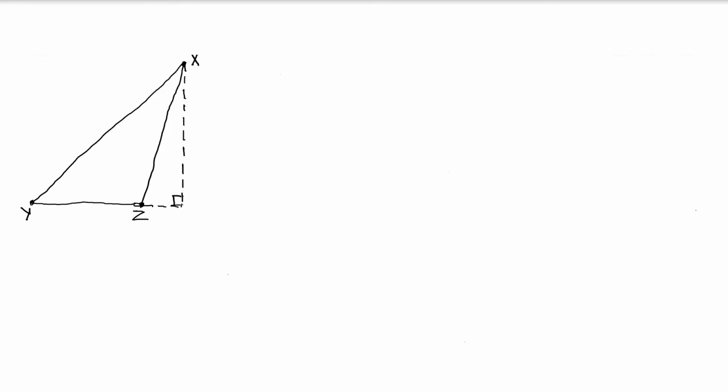Now in this case, we have assumed a point W which is lying outside the triangle, and XW is the perpendicular that we have drawn. So using Pythagoras theorem now, can I say that in triangle XZW, W is the right angle?